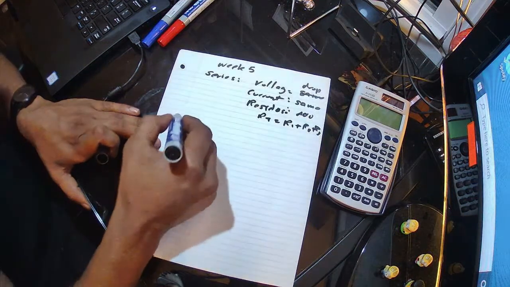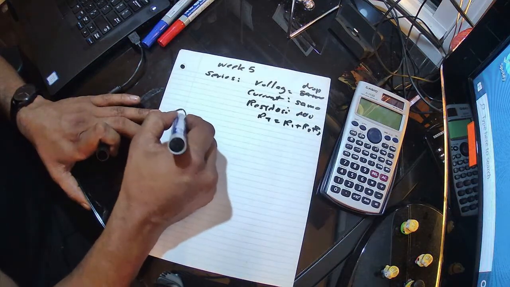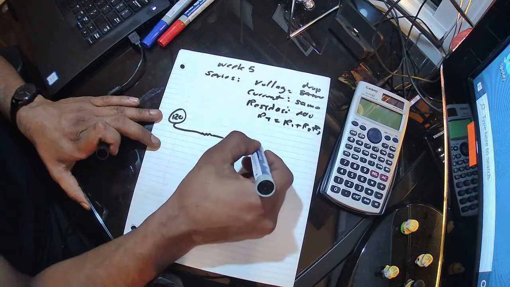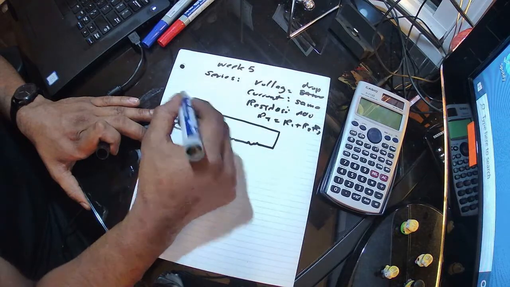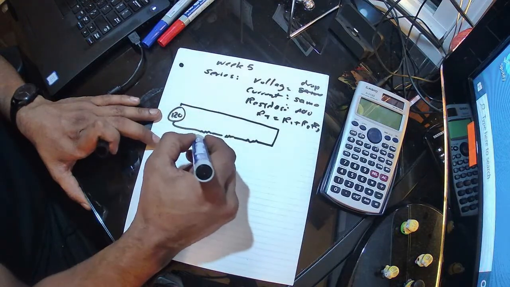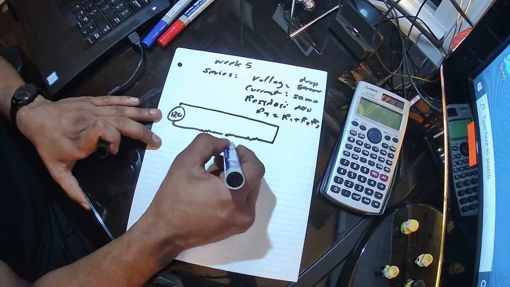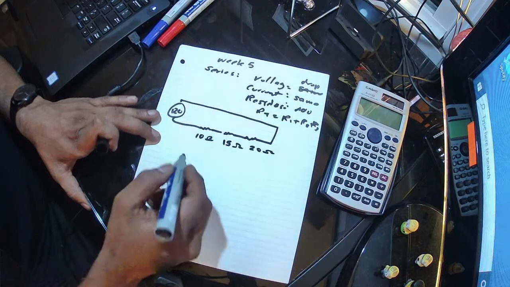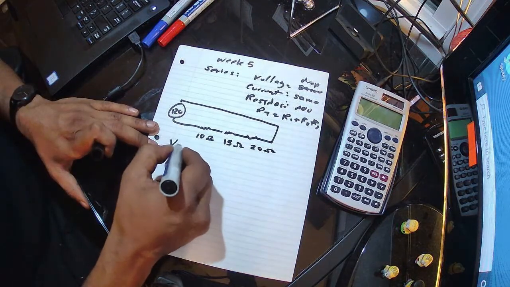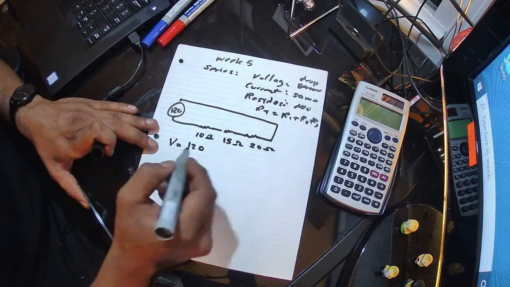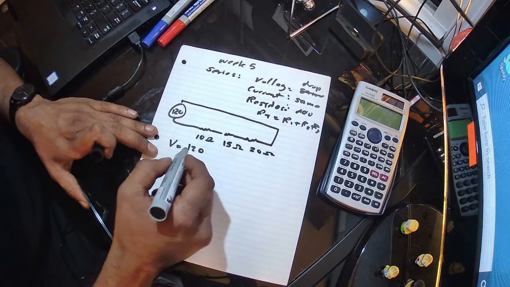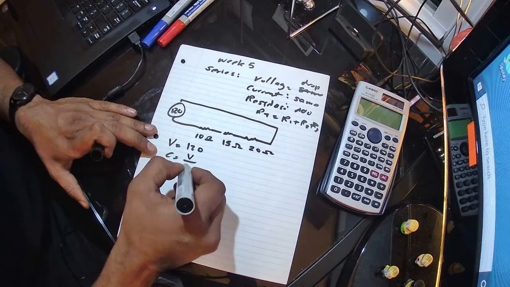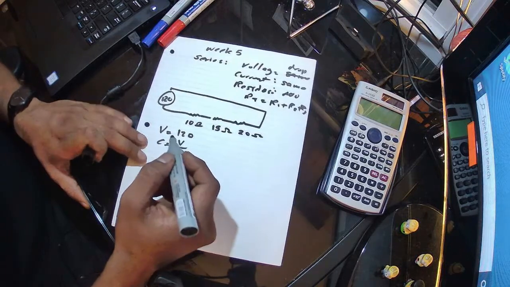Okay, so let's consider this circuit here. This is my voltage, 120 volts, and we have 3 resistances in series. Let's say this is 10 ohm, 15 ohm, and 20 ohm. What is the voltage here? It's going to be 120, and the current will be voltage over resistance total for that circuit.